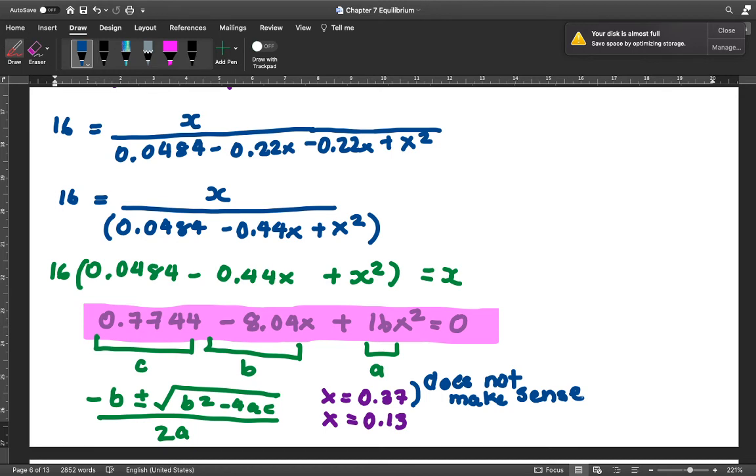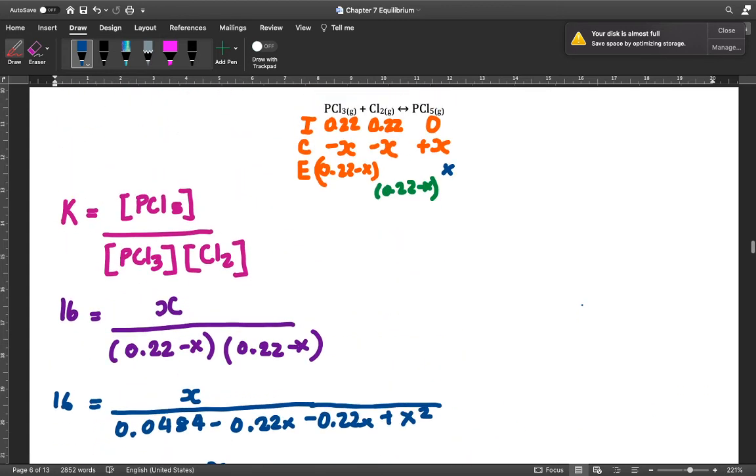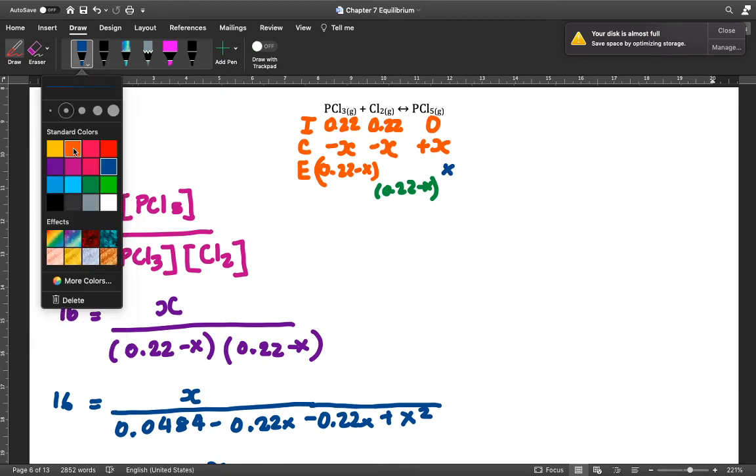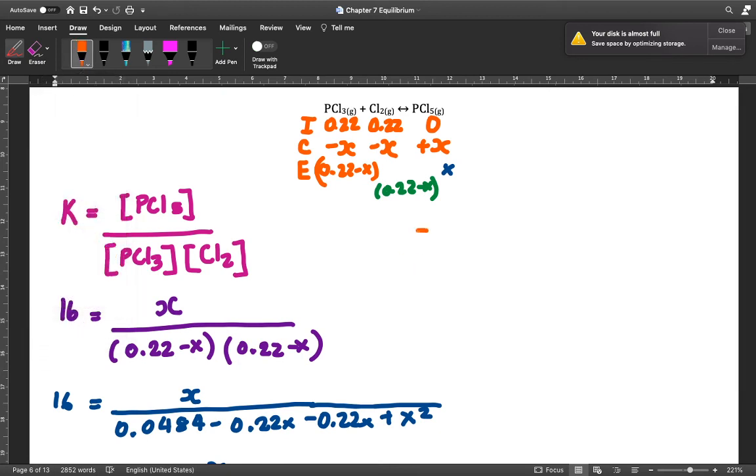So we want to make sure that when we have more than one possible answer, we choose the one that's most appropriate. So because we have this, we can easily figure out our concentrations at equilibrium because we know the value of x, and we're going to use that as 0.13. So I know that the concentration of PCl5 at equilibrium is equal to x.